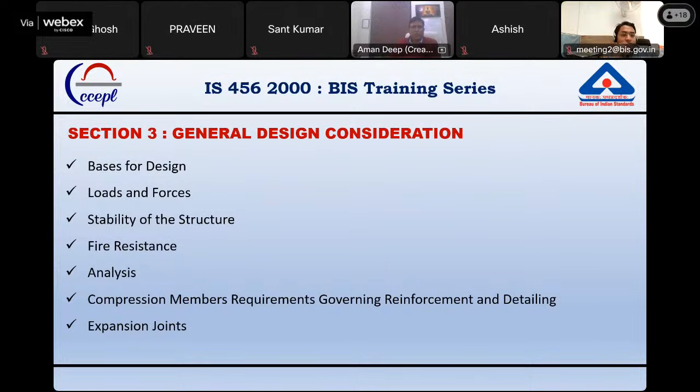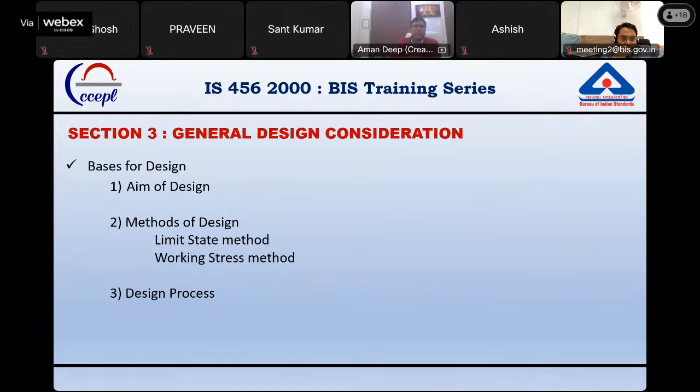Stability of the structure is important, and we have to check what is needed for stability. Fire resistance, and we do analysis to work out the stresses and forces. Compression members require governing reinforcement and detailing, and expansion joints. All these aspects have to be planned. In the basis of design, we cover the aim of design, then methods of design, then the design process.